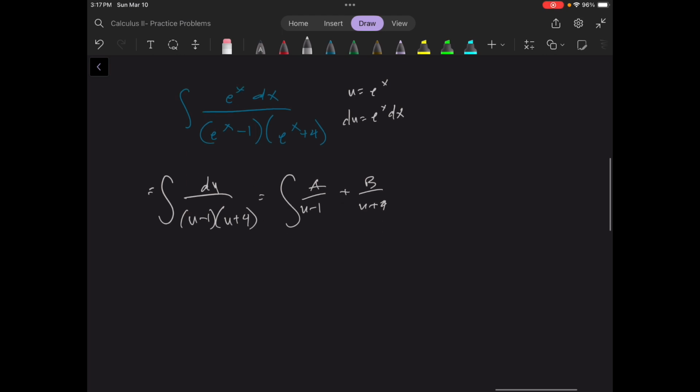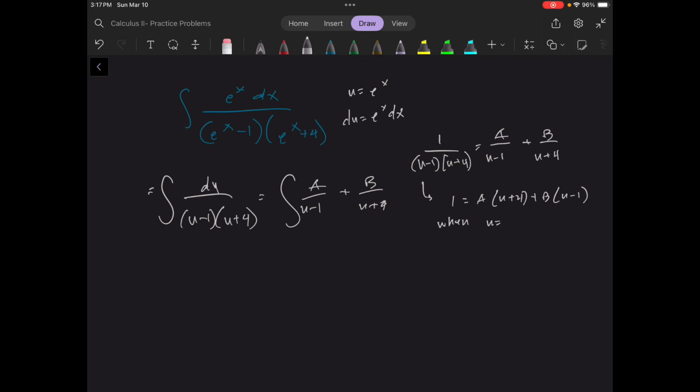So let's figure out what a and b are. If 1 over u minus 1 times u plus 4 equals a over u minus 1 plus b over u plus 4, once we multiply everything by the common denominator, this turns into 1 equals a times u plus 4 plus b times u minus 1. So set when u equals 1, then this term drops out, right?